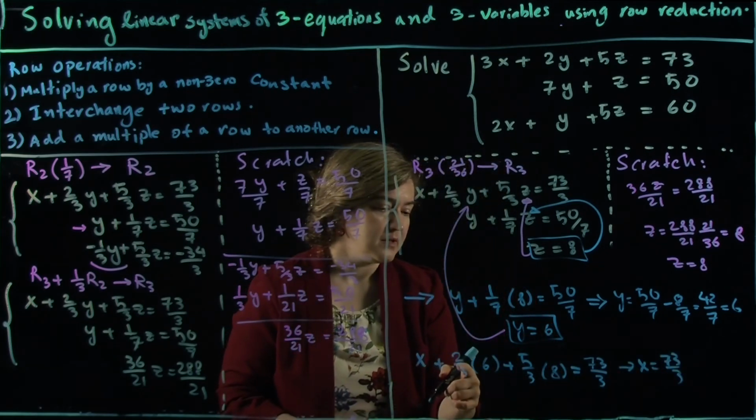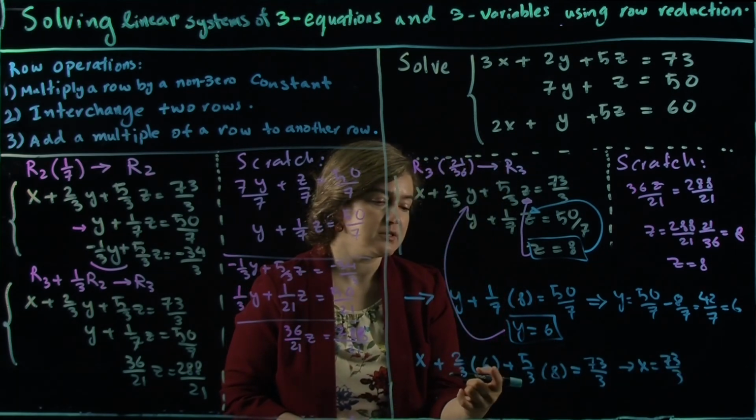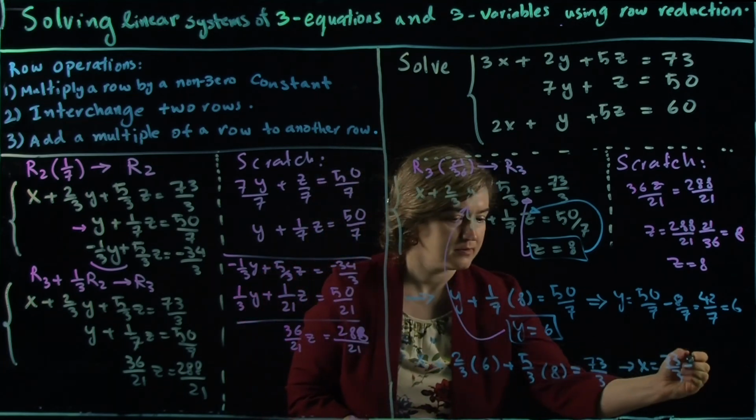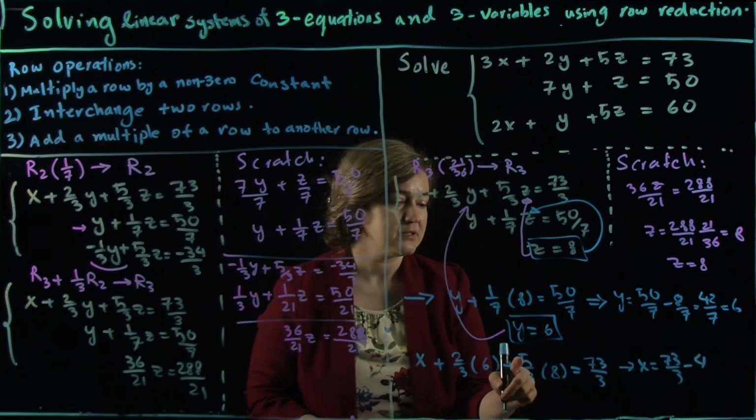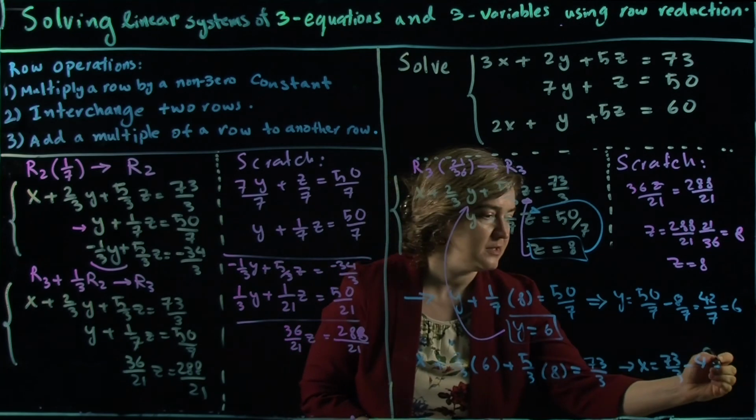Subtract 2/3 of 6, which is 4, subtract 40 divided by 3.